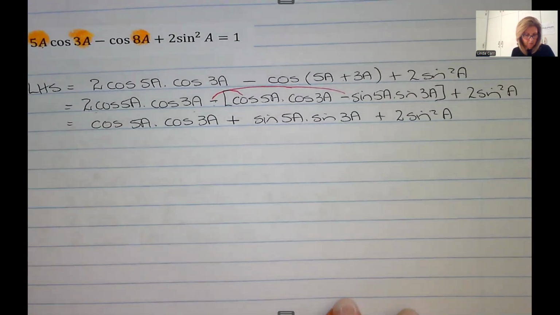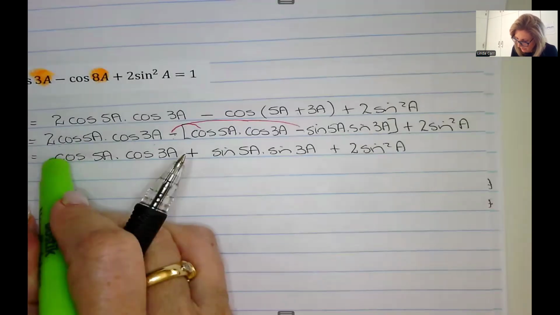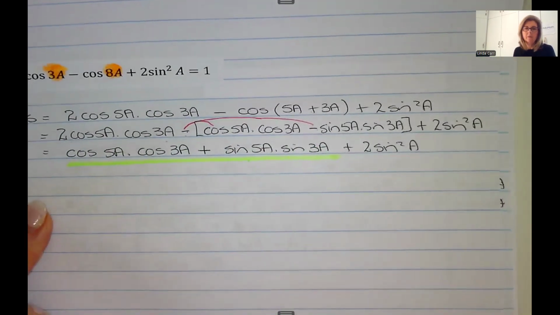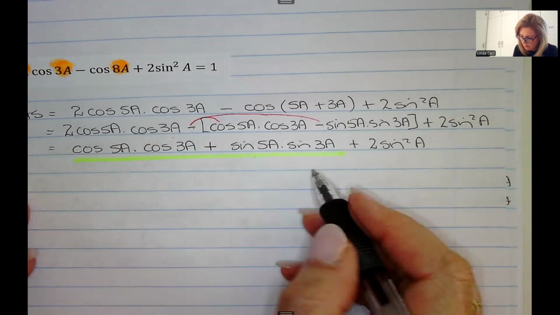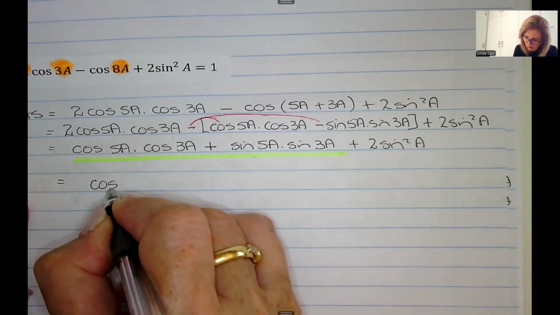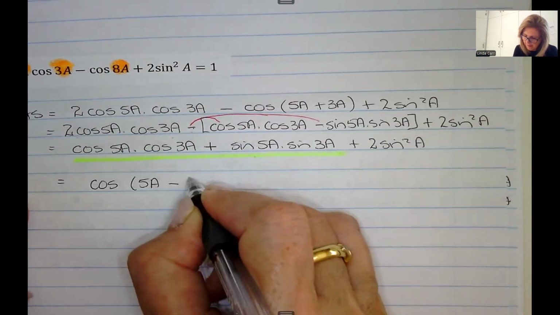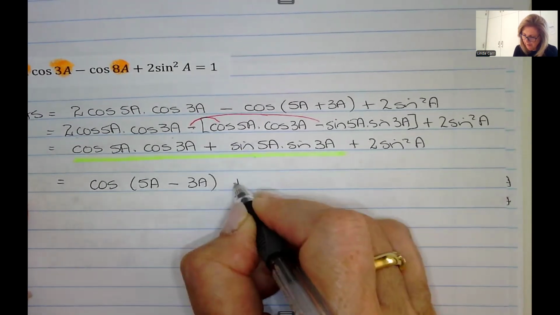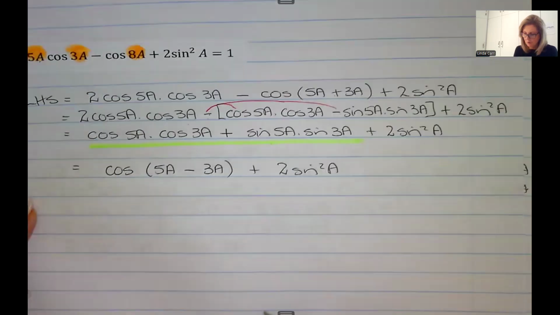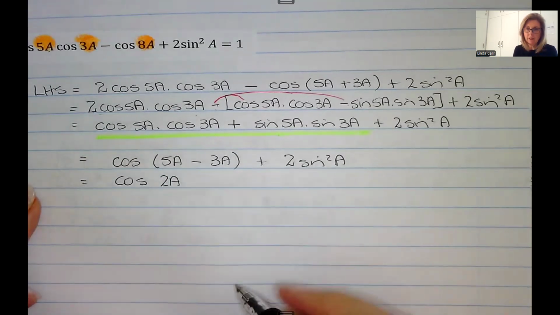Okay, now look, there's more magic. Because that's an identity. It's your cos, sine. So it's the cos 5A minus 3A, which is fantastic because it's cos 2A.